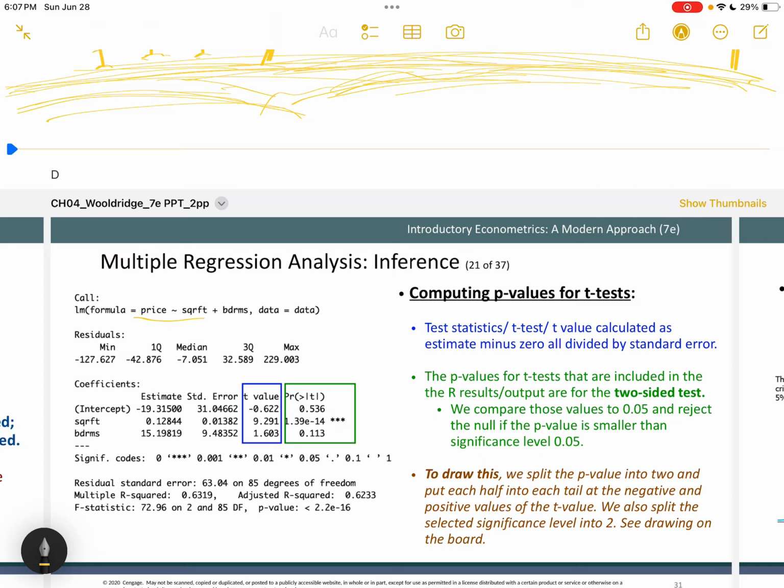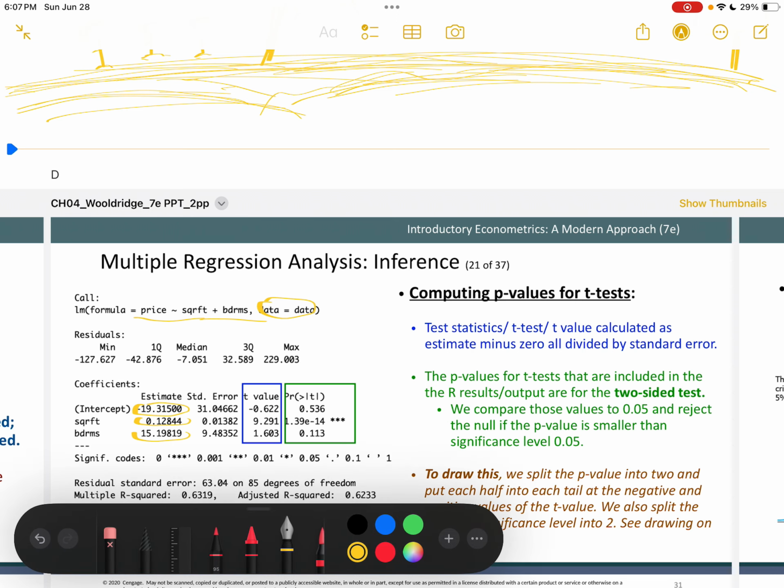If you take this R output, for example, this is the one where we regressed price on square feet and bedrooms using some data from Wooldridge's data collection, right? This is the estimate. This is our beta hat 0, our beta hat 1, and our beta hat 2 beneath it. And then look at the associated standard errors. So it is a grid.